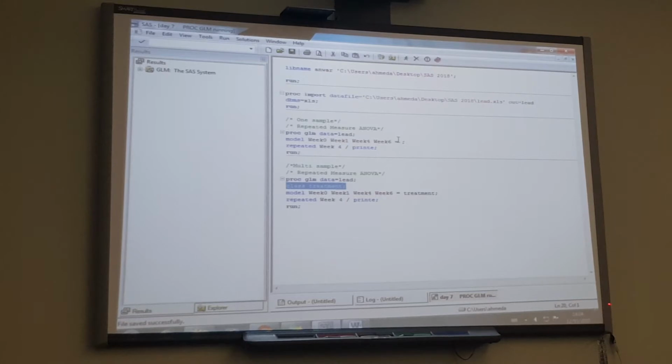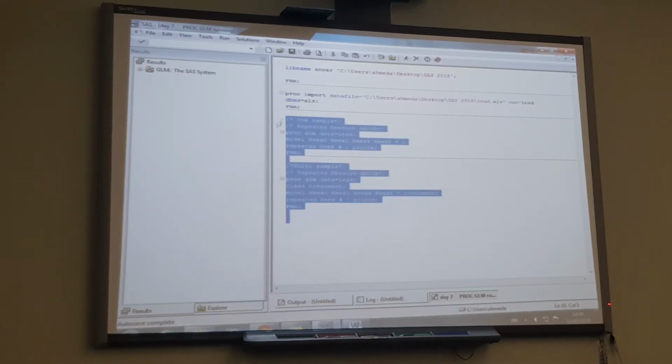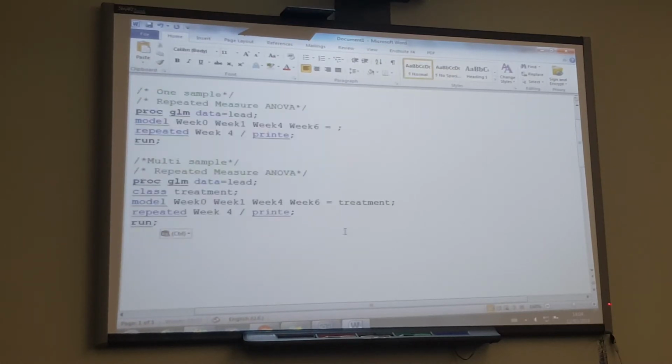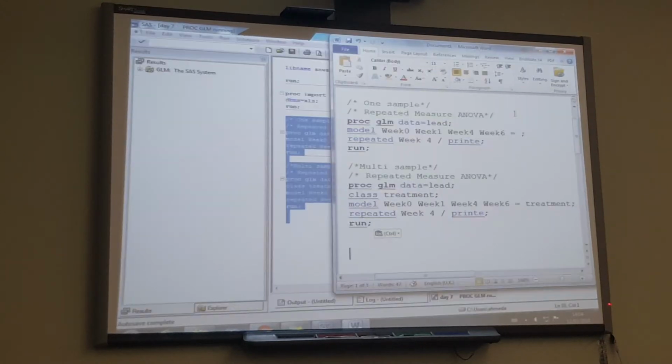Once you put it in the model, it's going to change. You are right.